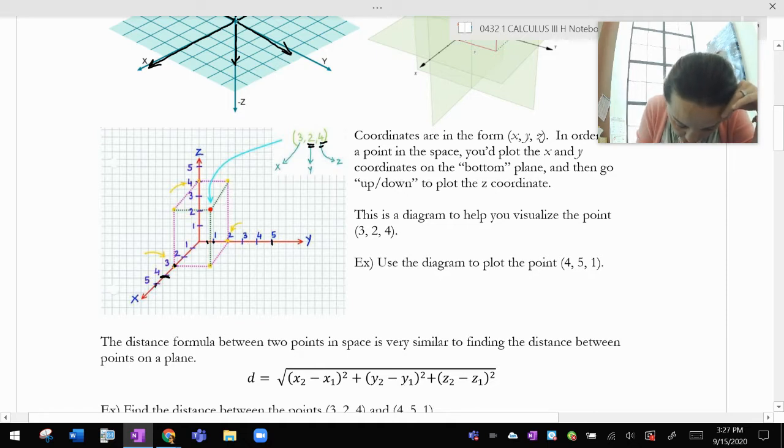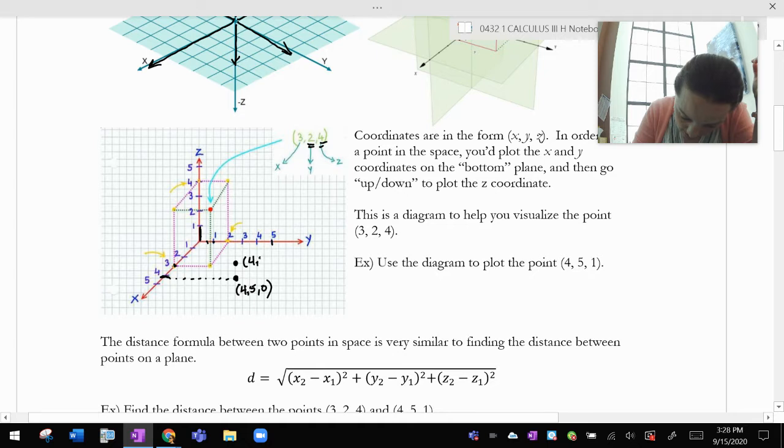Oops, I went the wrong way. I meant to do 4, 5, 1. So if 4 is right there, then 1, 2, 3, 4, 5, 6, 7, 8, 9, 10. There's 10. So this point that I have right now is 4, 5, 0, and I want 4, 5, 1, so 1 means go up 2 boxes.